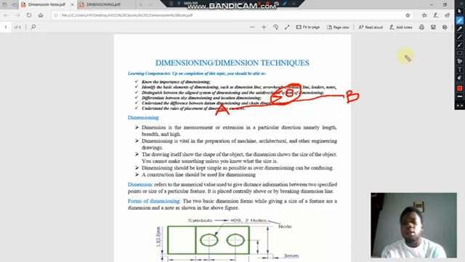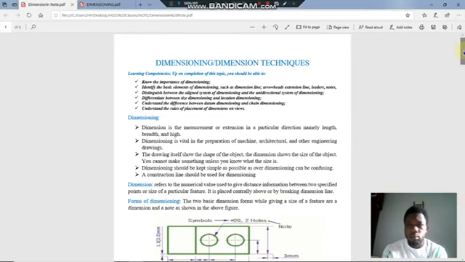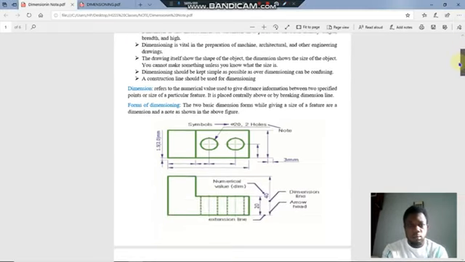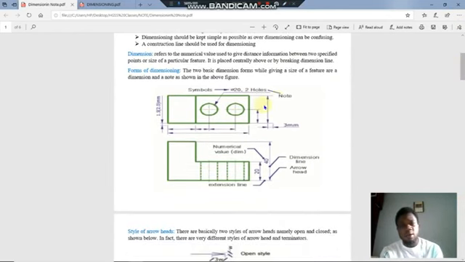Now if we look at this symbol here, if we look at this figure here, we have the numerical value, which is the dimension.